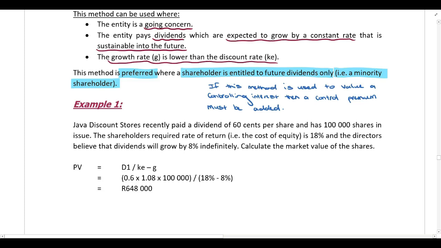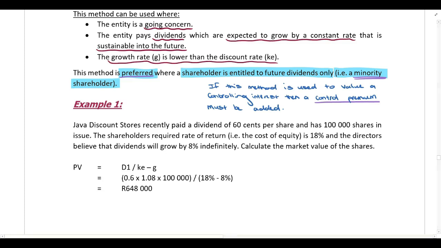All right, so it's preferable to use the method if we are valuing a minority shareholding. However, if we do use the method to value a majority shareholding, we just need to add a control premium.